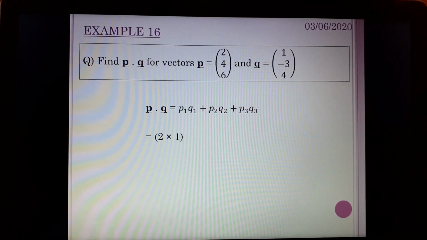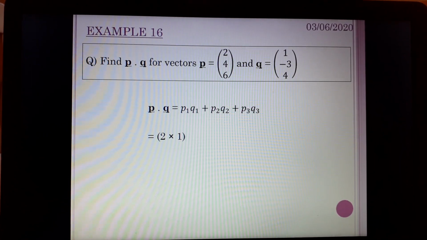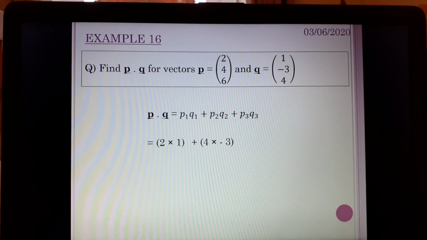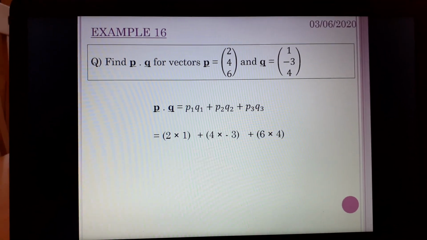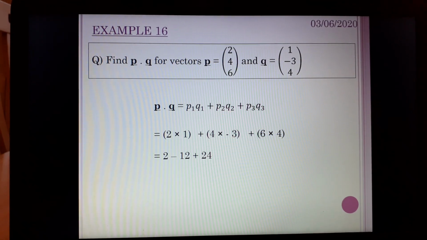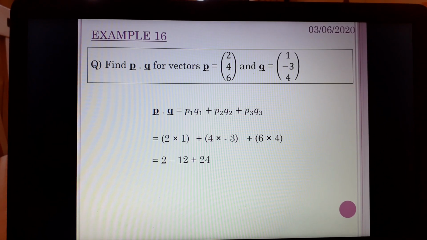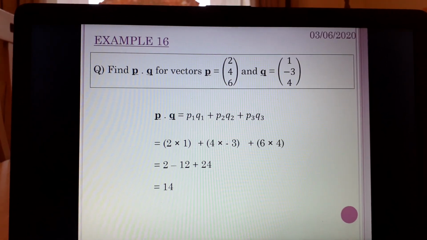Okay, so we're going to multiply the two tops, 2 times 1. Then we're going on to the two middles, plus 4 times negative 3. Then on to the two bottom numbers, plus 4 times 6, 6 times 4. Put those together. So there's your 2, there's your negative 12, and there's your 24. Put all of that together, and that gives you 14.